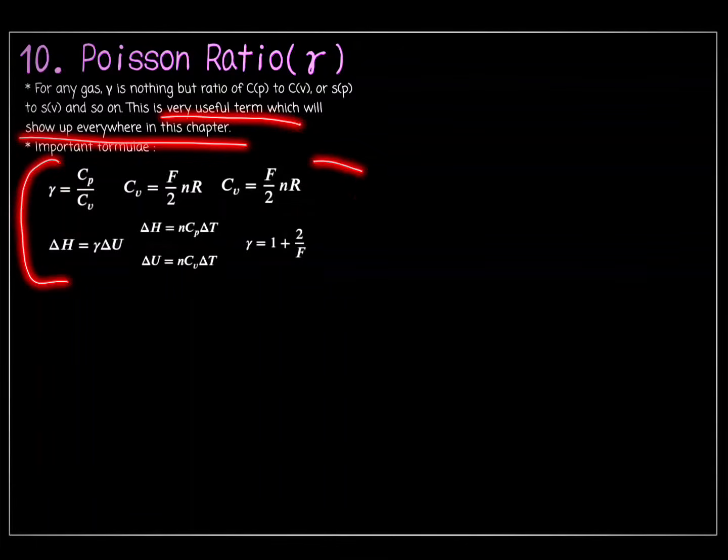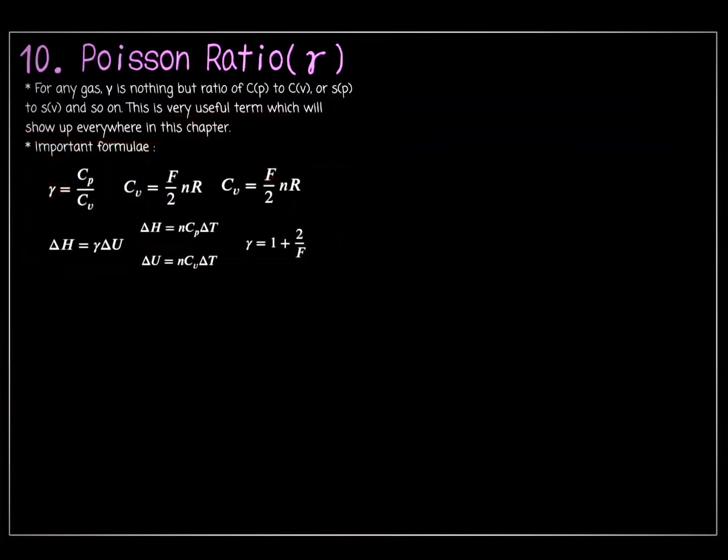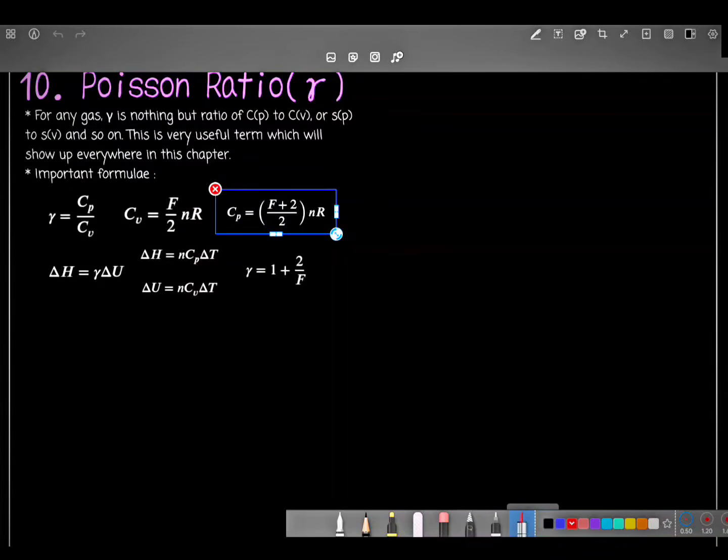And these are some important formulae related to degrees of freedom and gamma, which you have to know. As I told, gamma is Cp upon Cv. Basically the total heat capacity at constant volume can be shown as F by 2 nR. I accidentally put the wrong image here, but I fixed it.